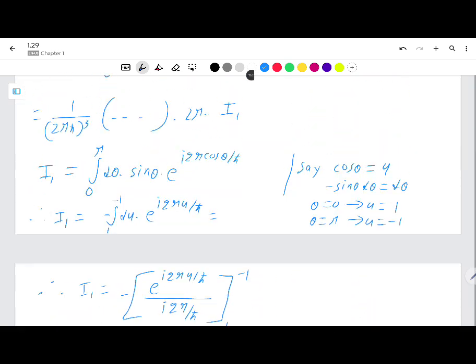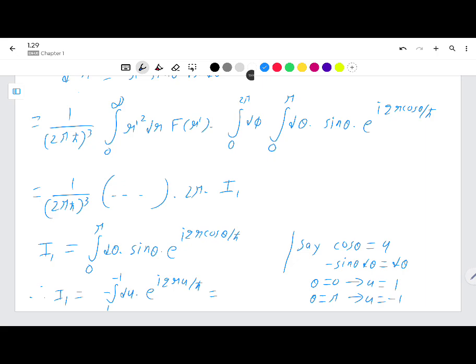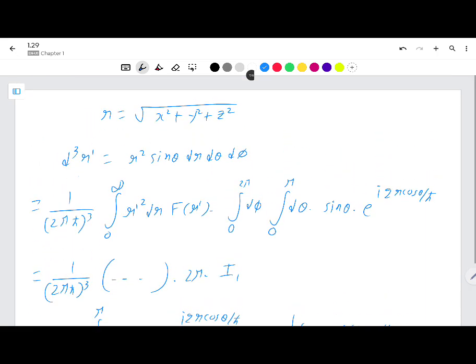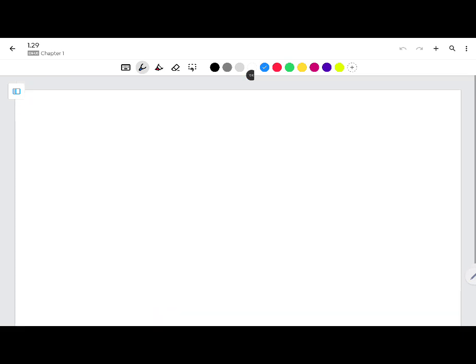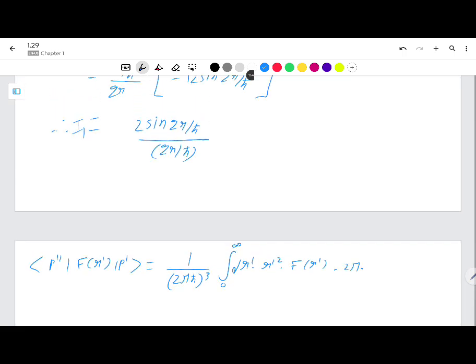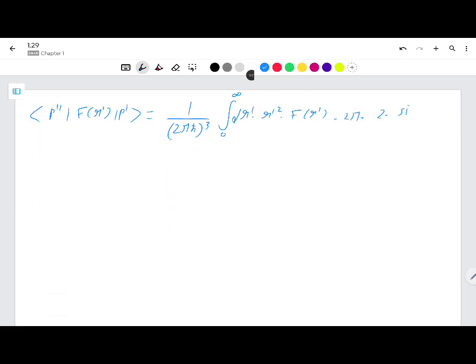Okay, so this is our integral. Okay, yeah. So the final integral that we are doing is, and I1 was 2.